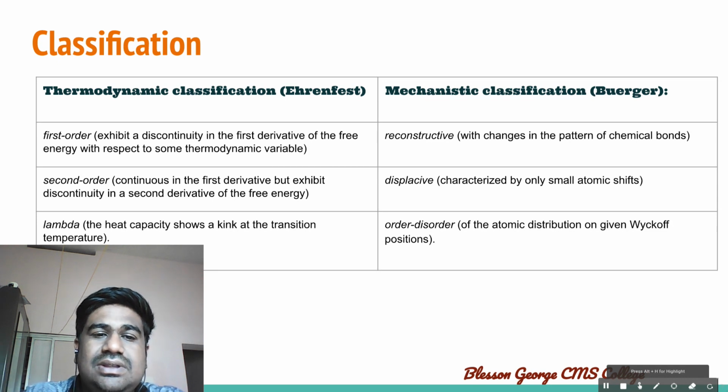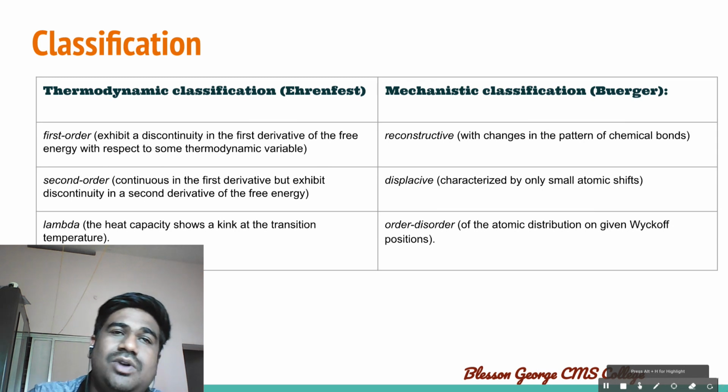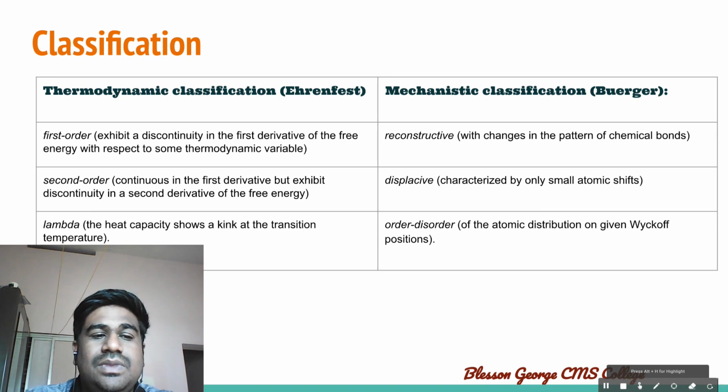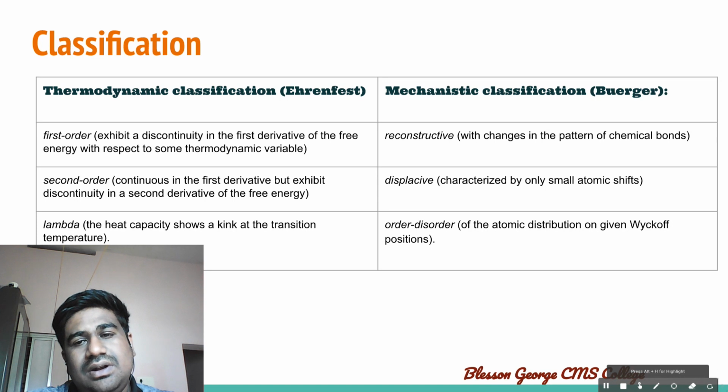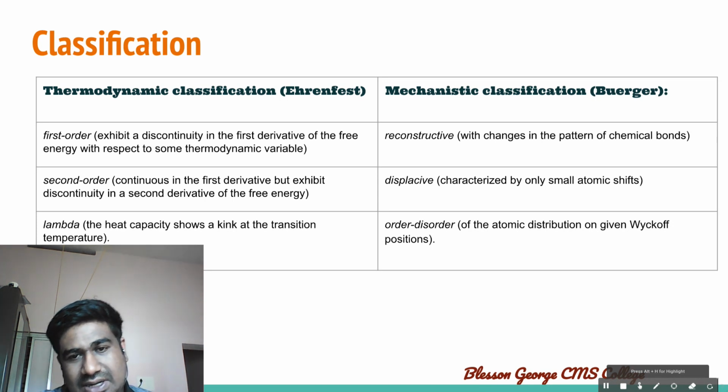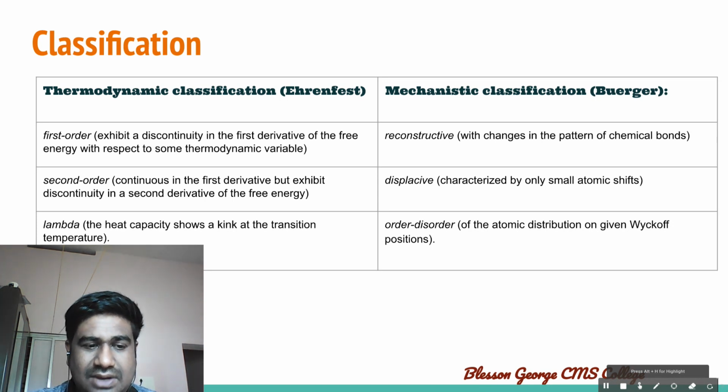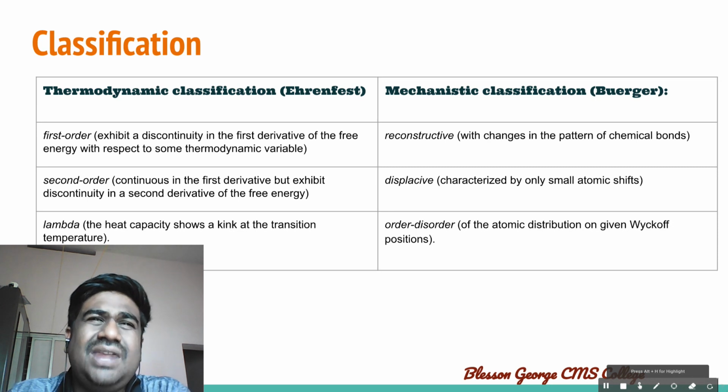First order means the first derivative of the thermodynamic potential is discontinuous. If the second derivative of the thermodynamic potential is discontinuous, then it is called a second order phase transition. Lambda transition is seen in condensed matter physics.